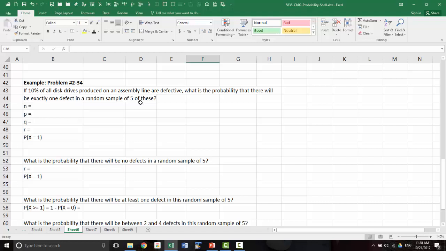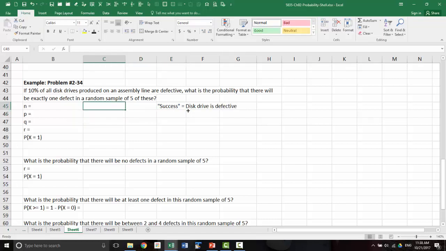So here, success is defined as, okay, what is success here? Success is the disk drive is defective. That is success.